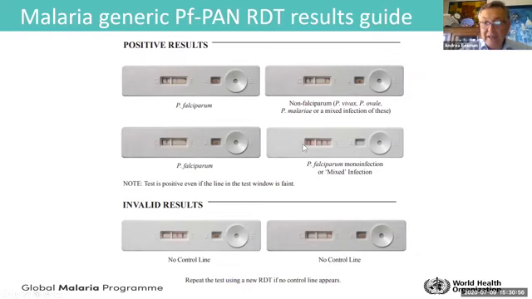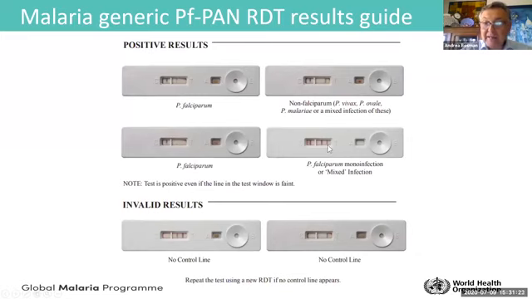And here is where a lot of programs have, let's say, difficulty, and a lot of health workers make mistakes. When you have two lines in the test window, this could be a falciparum infection or a mixed infection, which is falciparum plus another species, generally vivax.